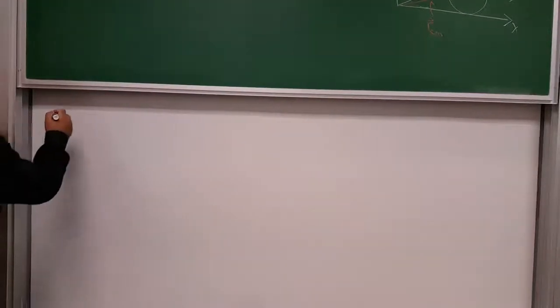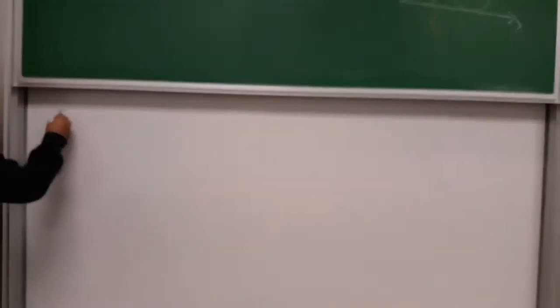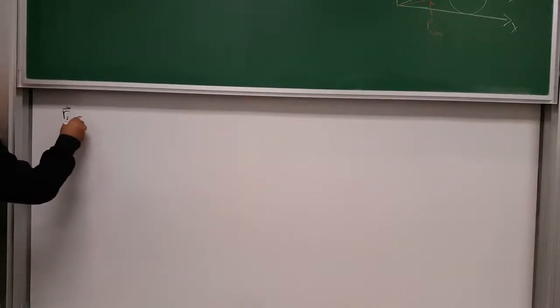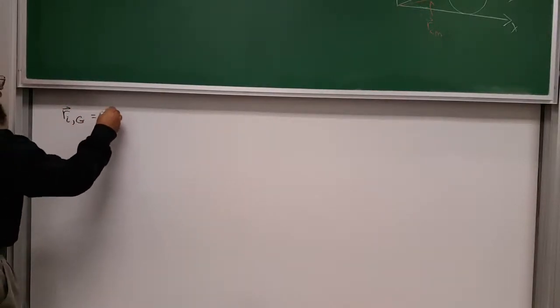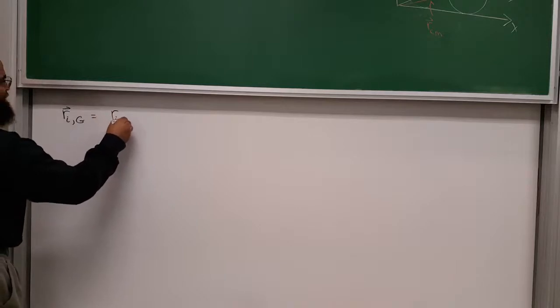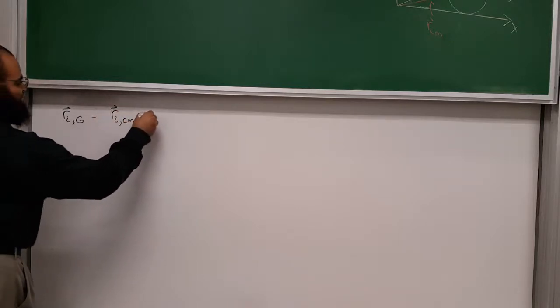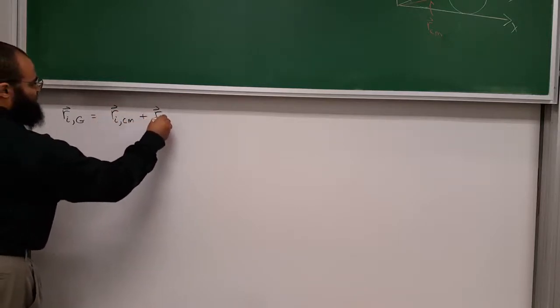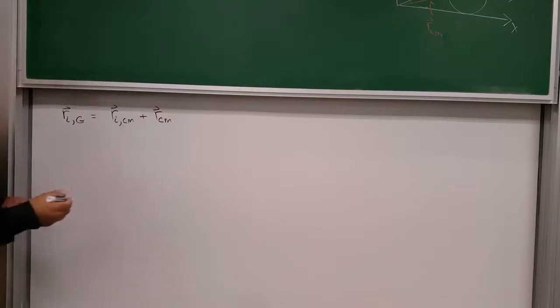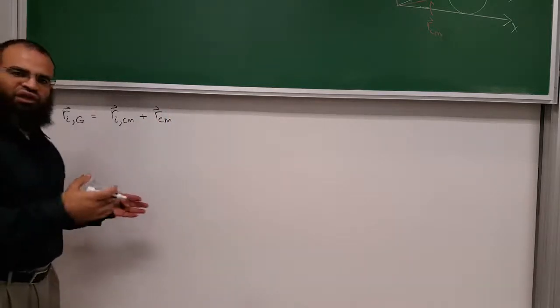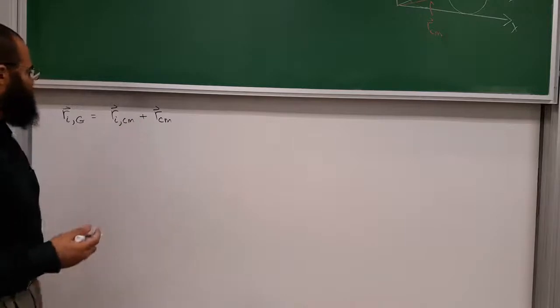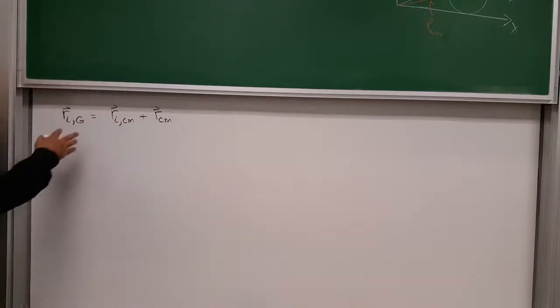So I have Ri relative to the ground equal to Ri relative to the center of mass plus the position of the center of mass relative to the ground, right? Remember when we did relative motion, we talked about this. So let's get the velocity.